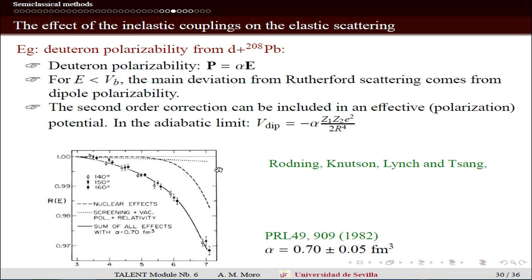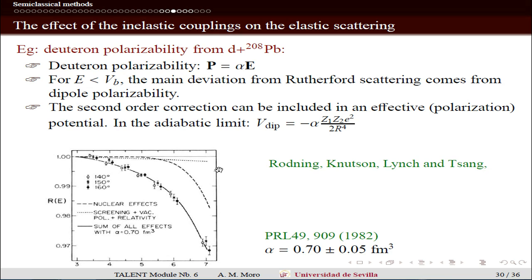This is related to the fact that the deuteron is not a point particle. It has a extended distribution, and the Coulomb potential is not acting on the center of mass, it is acting on the proton. So this will produce some stretching of the structure of the deuteron. It will become polarized, in the usual language. So the deuteron becomes polarized, and eventually it can break up.